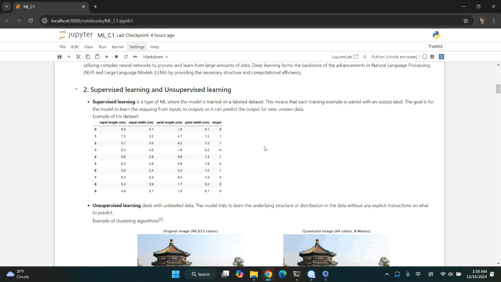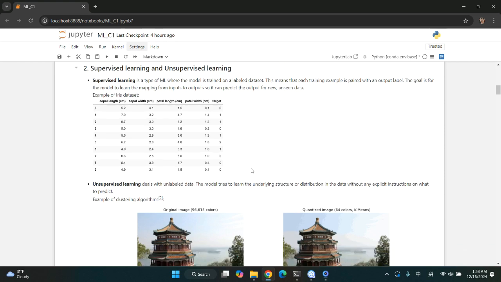For example, we have data about an iris flower. We have the four features of the flower, but we don't know what kind of flower it is. We can just input this new data into our model, and the model will predict what type of flower it is. So this is supervised learning.